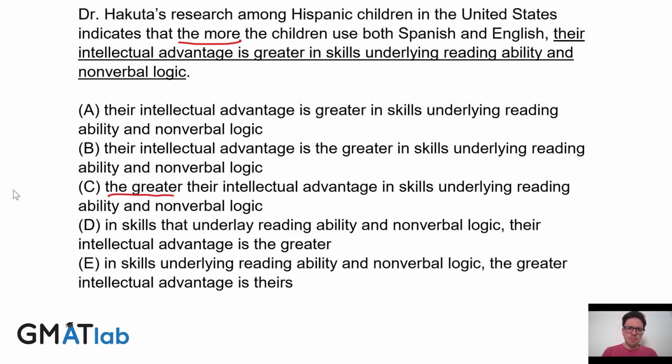Now, could be a little bit straightforward, but there's other things we need to think about here. So, for example, I've worked through this question with students before, and they've said to me, but what about sentence structure? There's no verb in the second part of this sentence after the comma. Why don't we have a verb here?